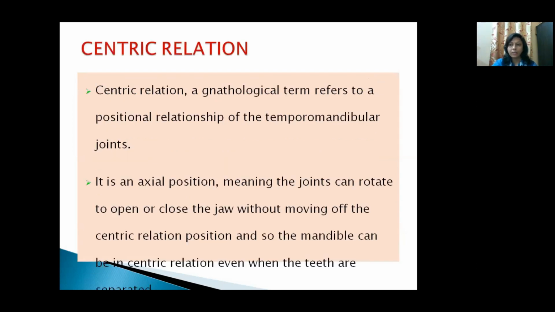Coming to centric relation, it is a gnathological term that refers to the positional relationship of the TMJ joints. So it is an axial position, meaning the joints can rotate to open or close the jaws without moving out of the centric relation position, and so the mandible can be in centric relation even when the teeth are separated.